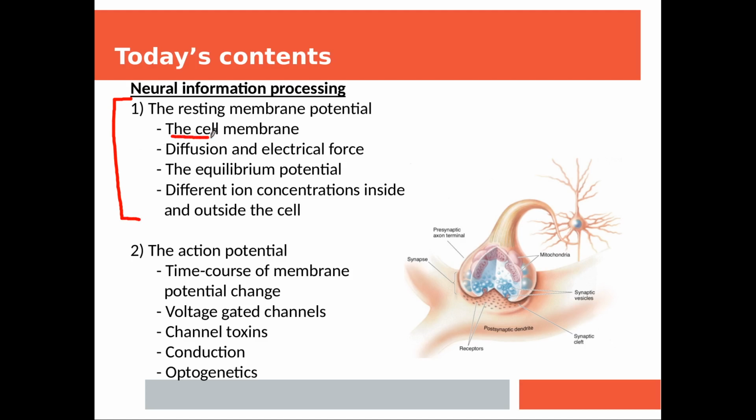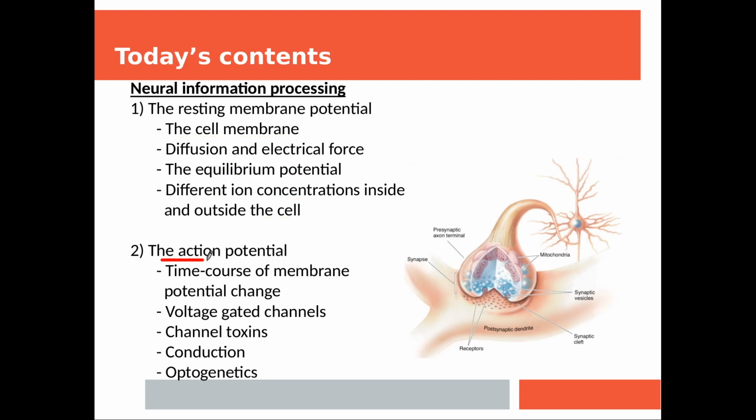I'm going to introduce details about the cell membrane, and remind you about diffusion and the electrical force and how those result in a potential difference across the membrane. Then I'll introduce the equilibrium potential for different types of ions. And we'll cover the different concentrations inside and outside most neural cells that cause the actual membrane potential of neural cells to be what it is.